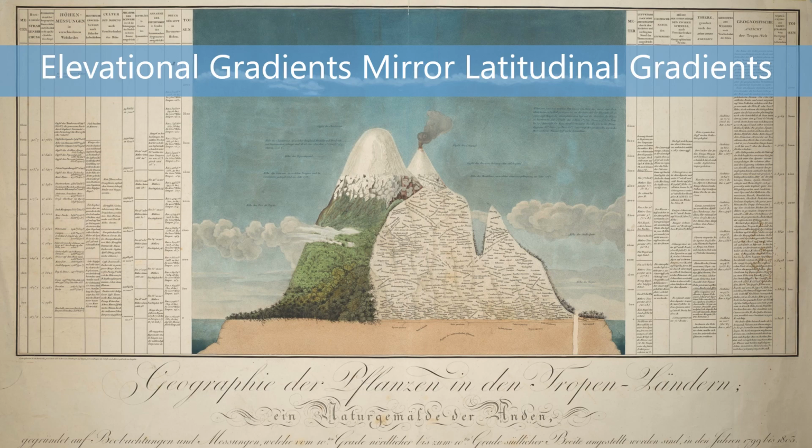You can see these different communities are labeled here. As he hiked up the mountain, they were very, very similar to the changes that he would see when he crossed different latitudes, like we were just looking at from the biome map of Africa as we went northwards towards the Arctic. And he found that tropical forests typically occur at the lowest areas, followed by deciduous forest, then alpine or coniferous, and then tundra.